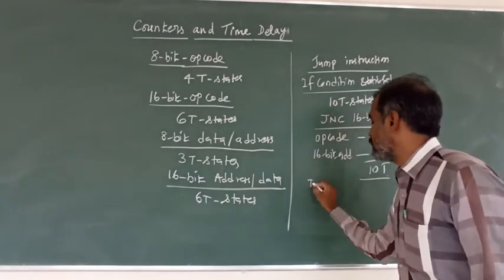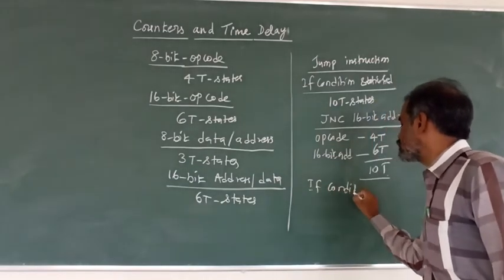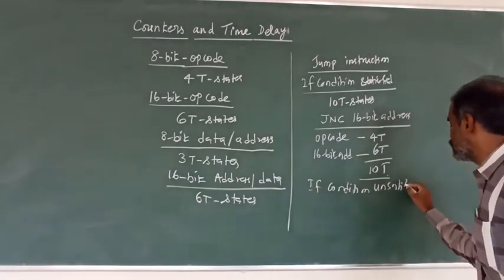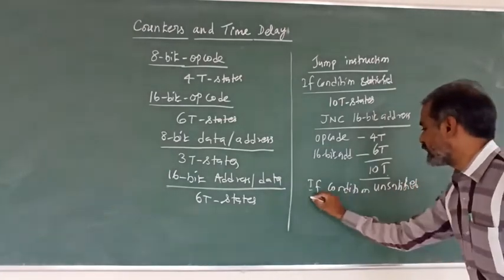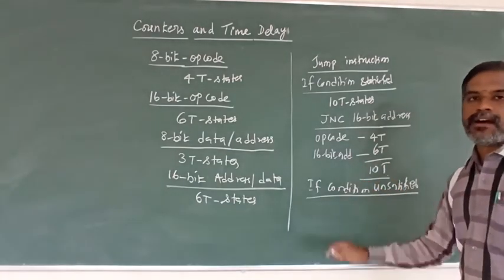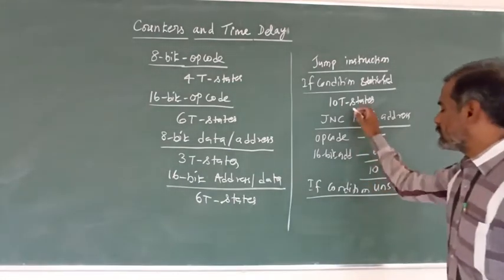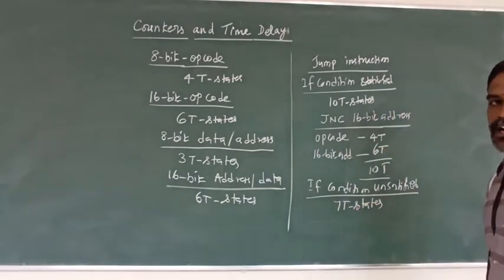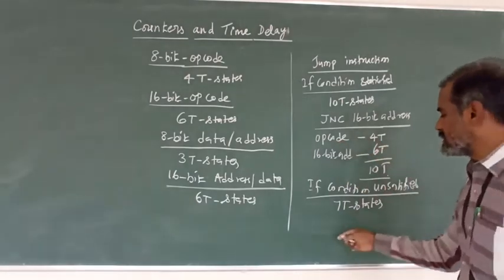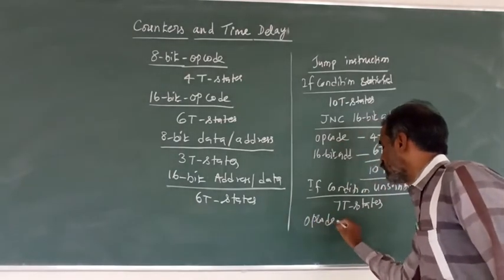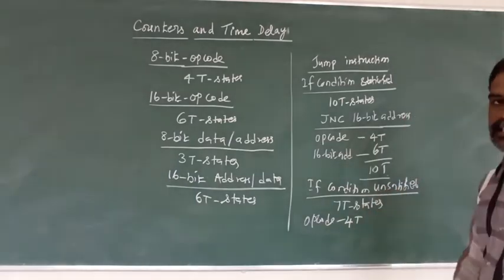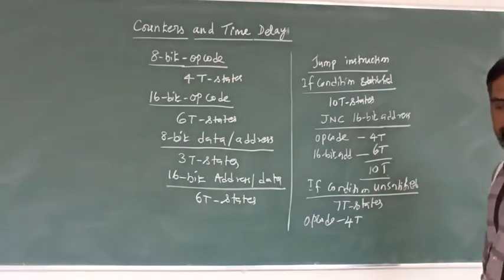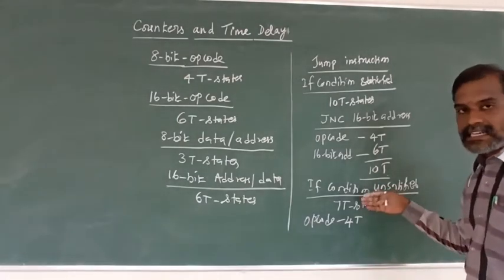Suppose the condition is unsatisfied. If the condition fails or is false, it requires 7 T states. How? The opcode requires 4 T states, and if the condition is unsatisfied, it will execute the next address location.